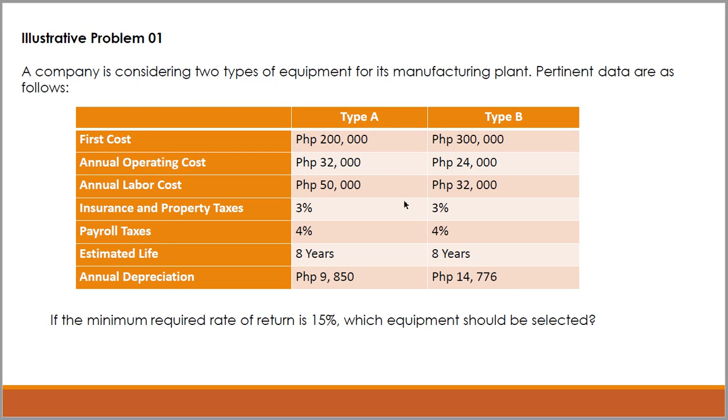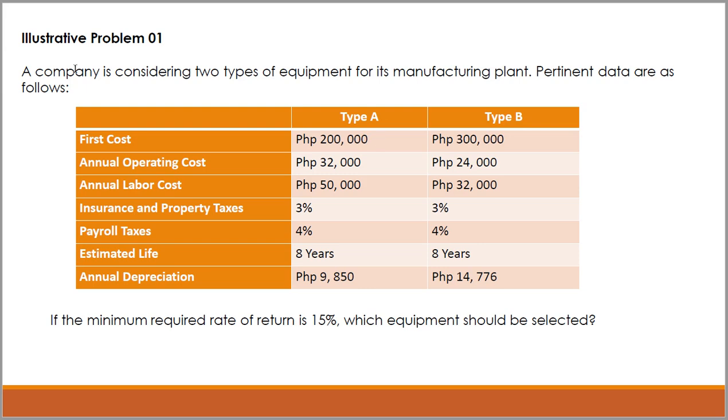Okay? At i-compute din natin of course yung savings natin. Okay? Kapag pinili natin yung type A, syempre, makakatipid ako ng 100,000 kapag pinili ko yung type A.